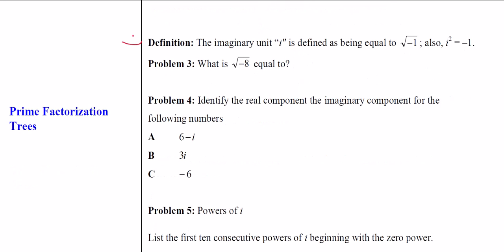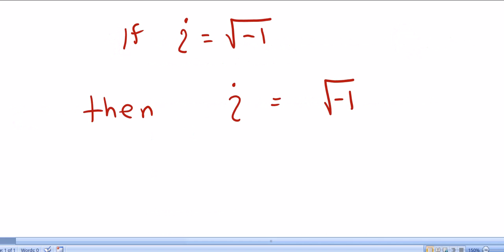So this is pretty important right here. We define I, the imaginary unit, as being the same as square root of negative 1. We're going to show you some examples of that. And furthermore, if I is equal to square root of negative 1, and if I square both sides, I get I squared.